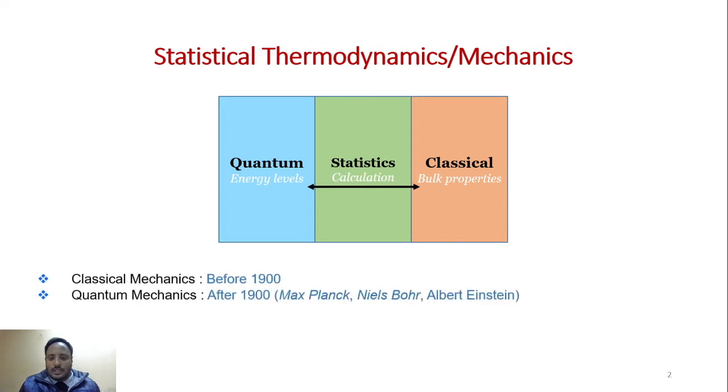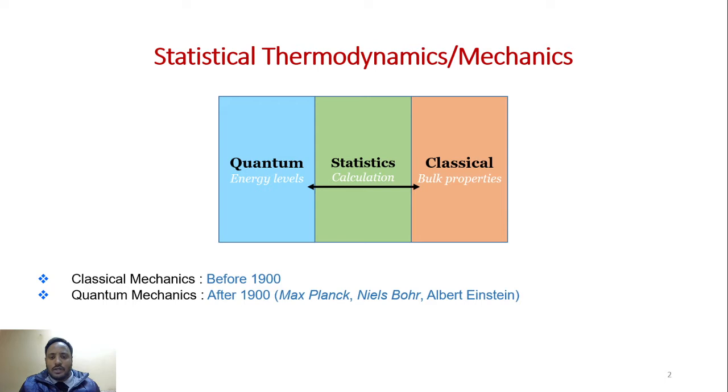It is interesting to note that classical mechanics such as Newtonian mechanics, Hamiltonian mechanics, etc. developed before the 19th century, while quantum mechanics developed about 100 years ago from now. The pioneers of quantum mechanics, namely Planck, Bohr, Einstein, are called the founding fathers of quantum mechanics.